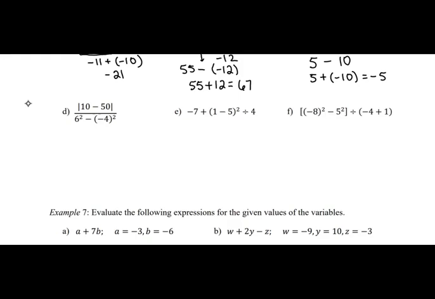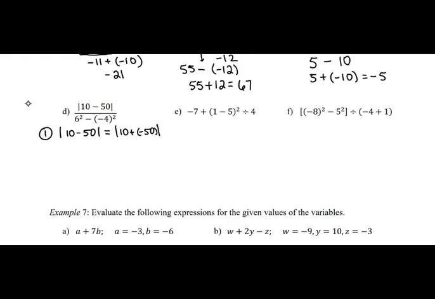So the absolute value of 10 minus 50. It's going to be 10 plus negative 50, all inside the absolute value.